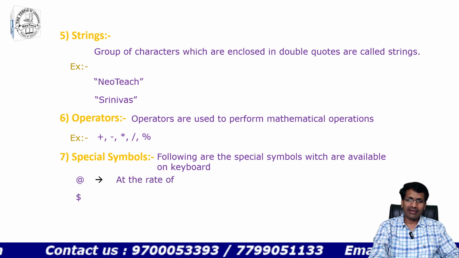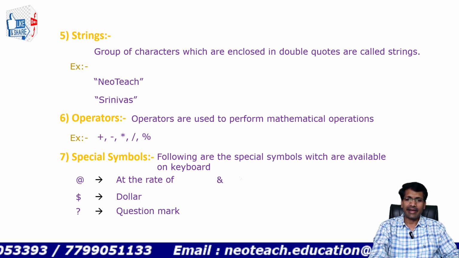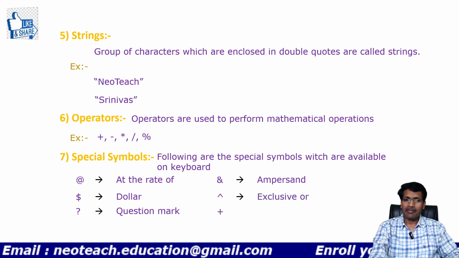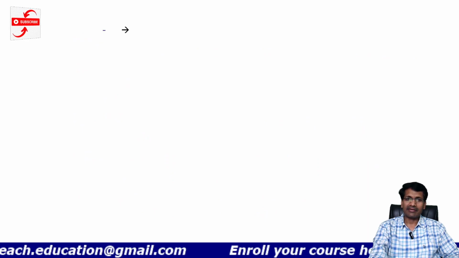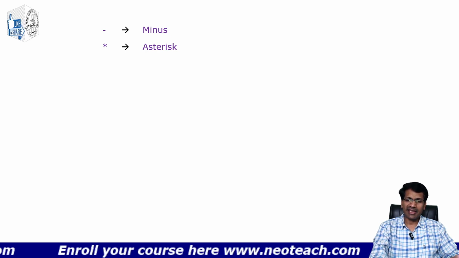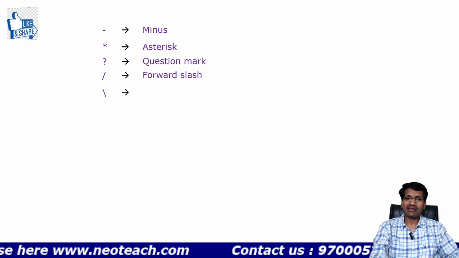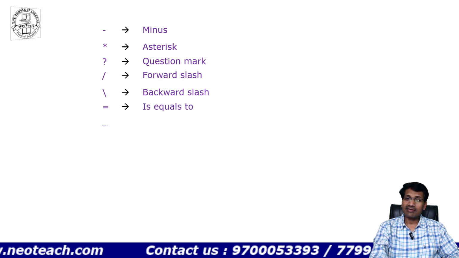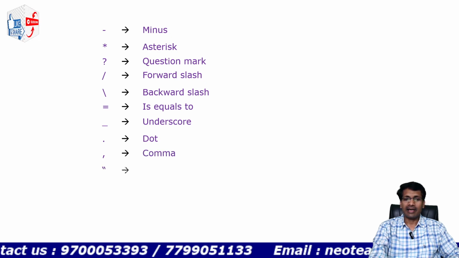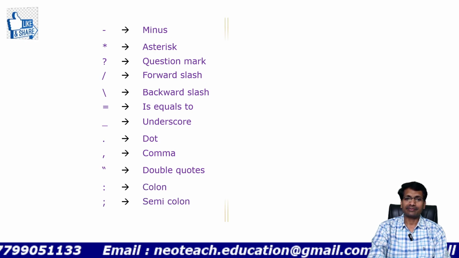See: at the rate of, and dollar, then the question mark, ampersand, and cap symbol. This is called exclusive or. Then plus, minus, and asterisk, regularly used for pointers as well as multiplication, then forward slash and backward slash, equal sign, underscore, dot, comma, double quotes, colon, and semicolon.